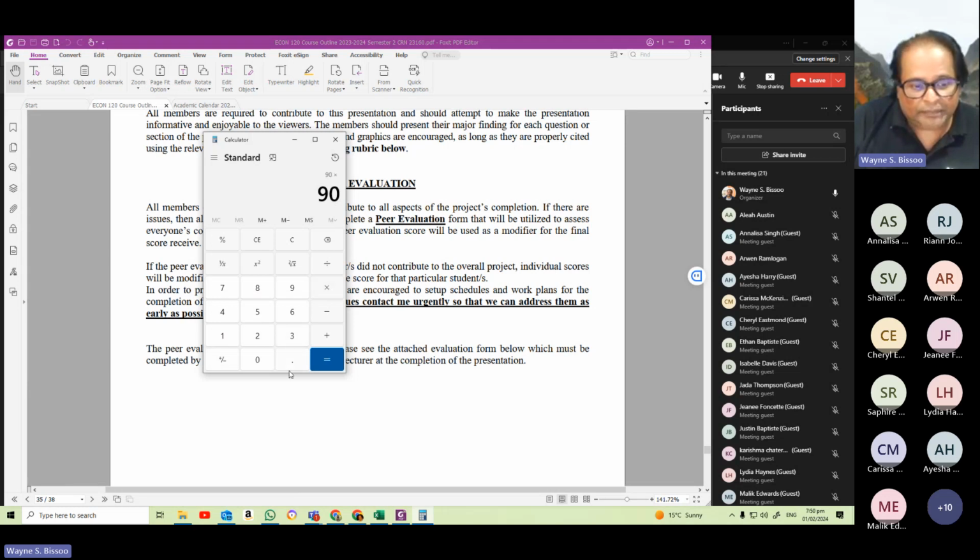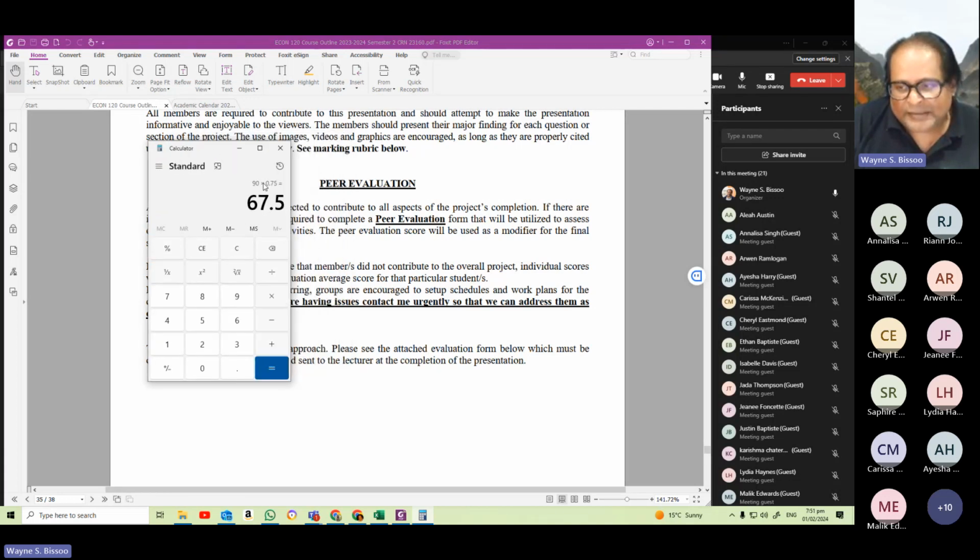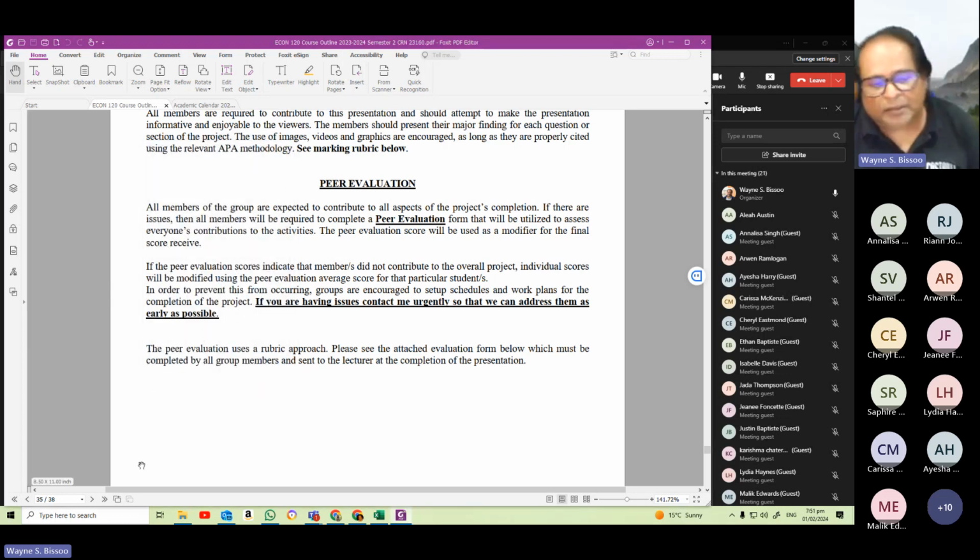So multiply that by 0.75, it means that you will end up getting 67, well, let's call it 68 marks, from the potential of having gotten 90 marks. That's what makes it punitive in nature, because it will impact the individual who scores least.